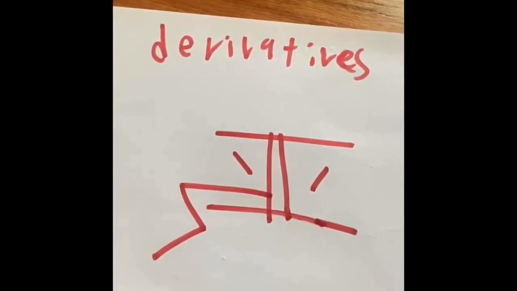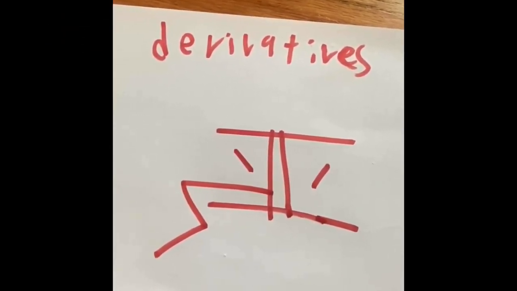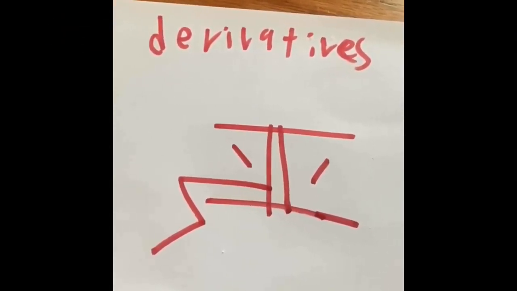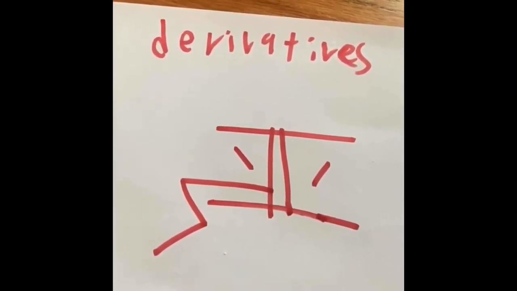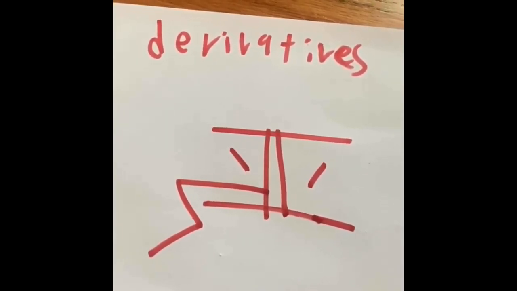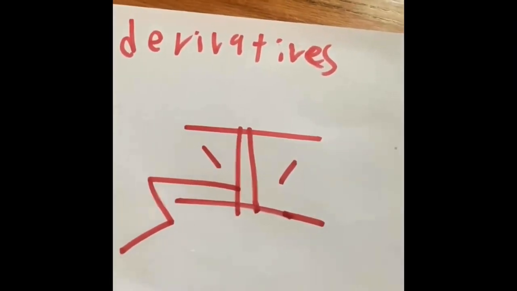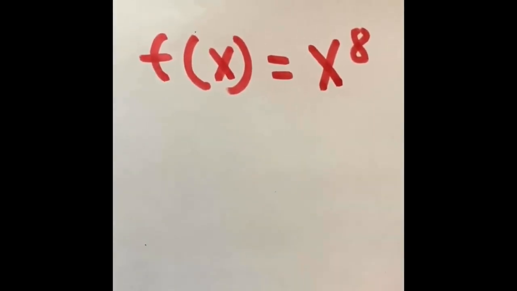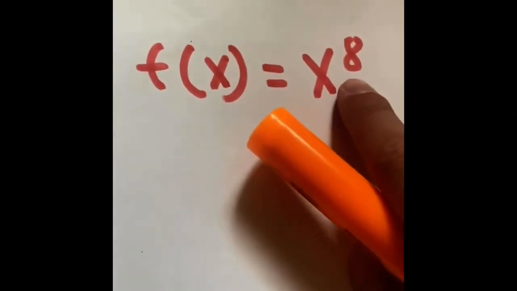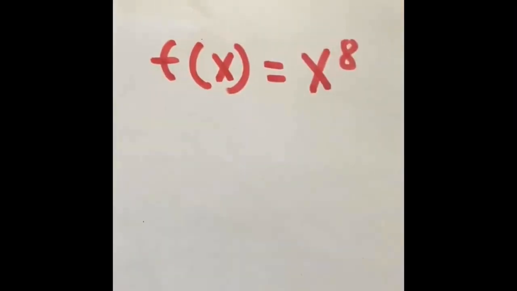In fact, since we're making it a bit simpler, derivatives is all about taking things down a notch, because when you find a derivative of an equation, you are always going to try to find it by taking the power down a notch. In order to do that, there are two ways we can find the derivative of an equation.